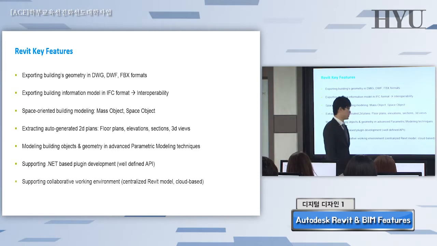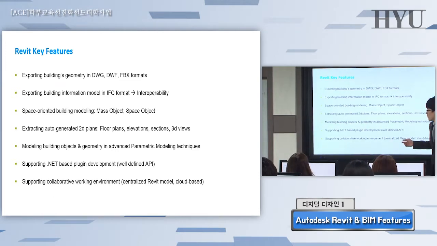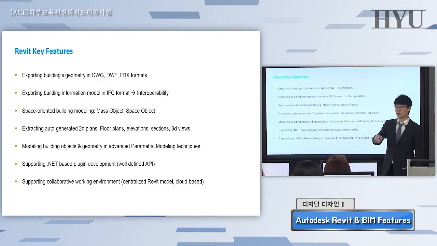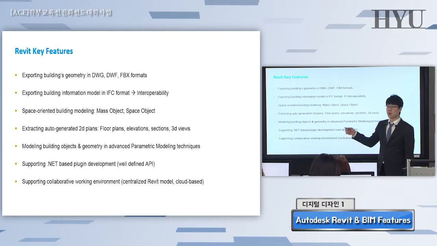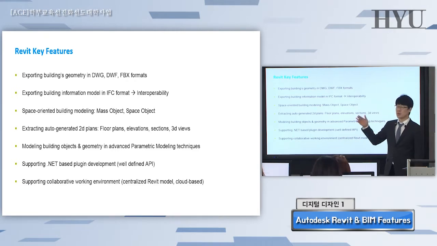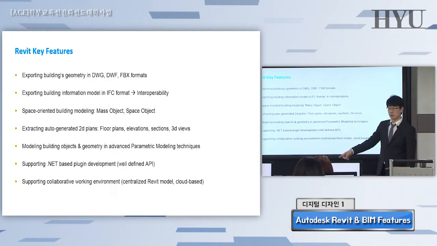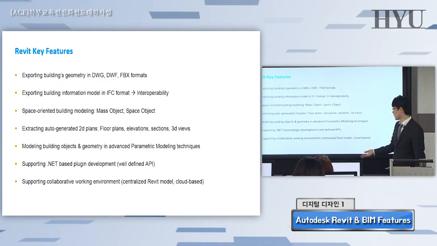Okay, very important. Revit also supports a collaborative working environment. What if three of you work on one building project? So far, there would be a separate CAD model and a separate 3D Max file, but by using Revit, there is a centralized Revit model. We can use one model with auto update, auto transaction, and history checking, even through cloud computing.